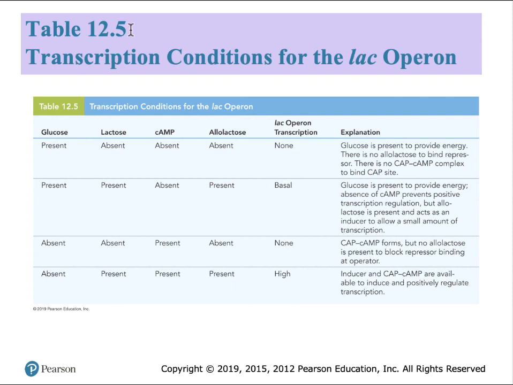Table 12.5 brings back the different combinations of metabolites that are present in different scenarios. So we should have all four permutations of the glucose and lactose, and then we can associate those with other elements that are present inside a cell and then explain fully what's going on in terms of regulation.